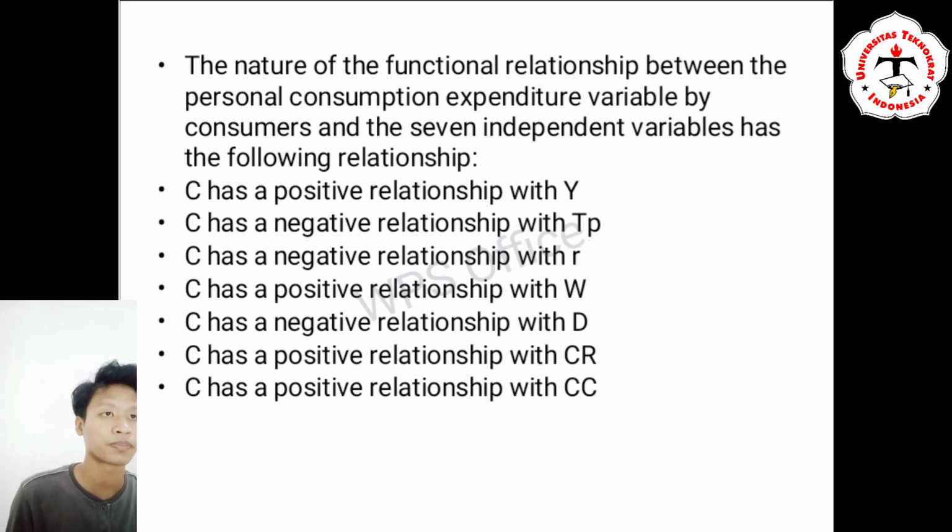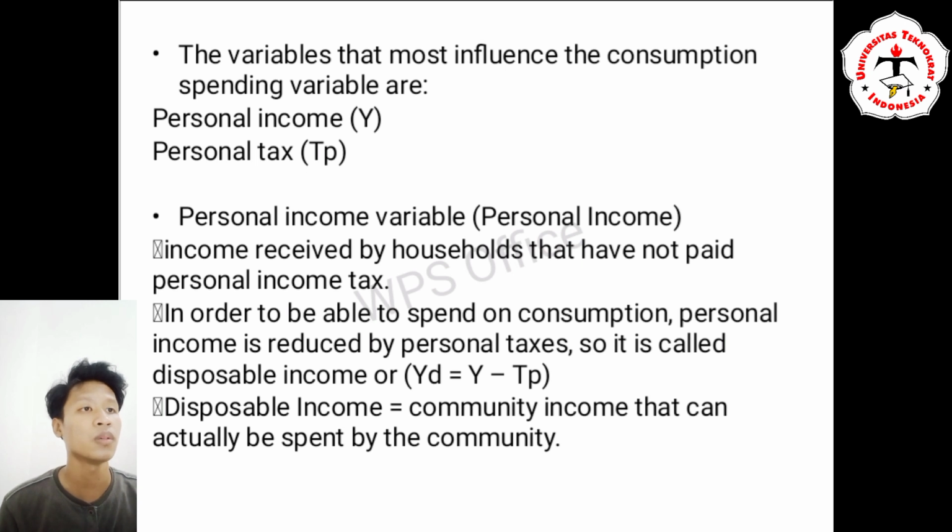The variables that most influence the consumption spending variable are personal income, Y, and personal tax, TP. Personal income is the income received by households that has not yet paid personal income tax.